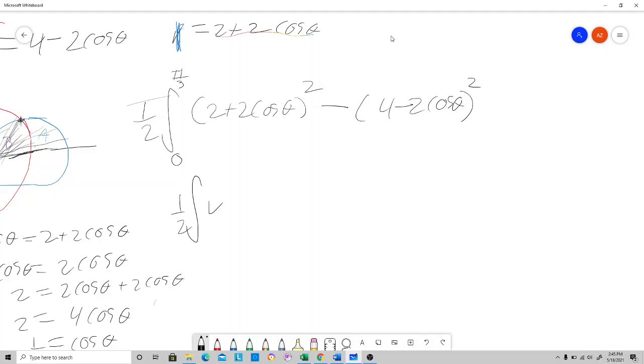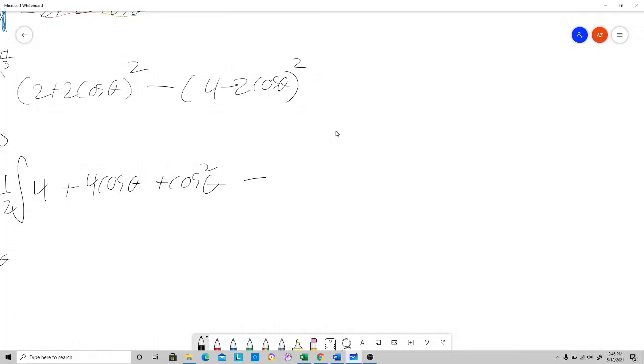It's 1/2 times, so this should be 4 plus 4 cosine theta plus cosine squared theta minus, if we expand this, let's put a parenthesis right here, so that's gonna be 16, and then it would be 8 cosine theta, and then this should be -8 again, so we're gonna have plus 16.